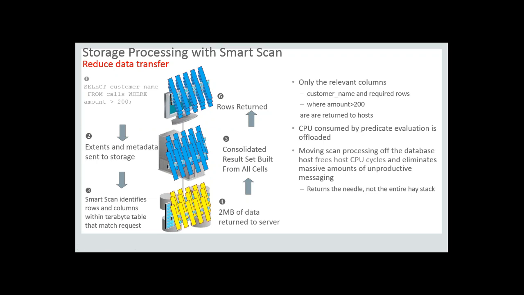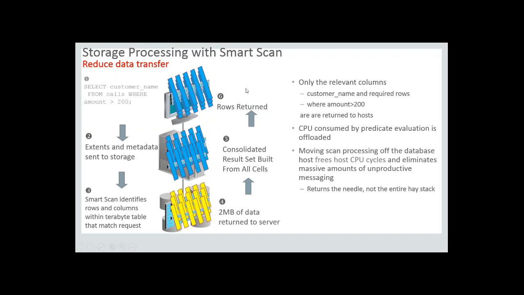It identifies the where clause, the column name, the table. So it executes and does some operation in the storage itself and returns only the required data. In the earlier case it was around 1 terabyte, now it is returning just 2 MB of data back to the database servers.